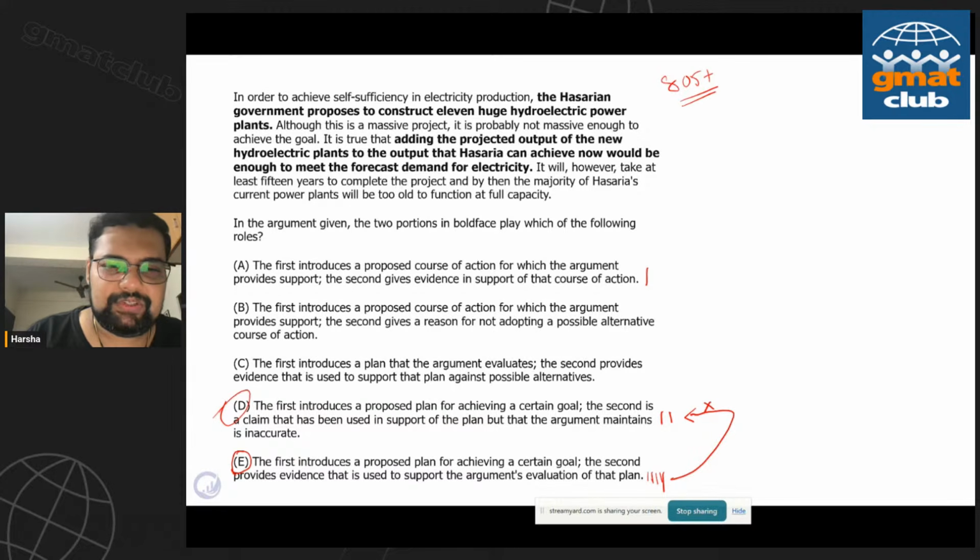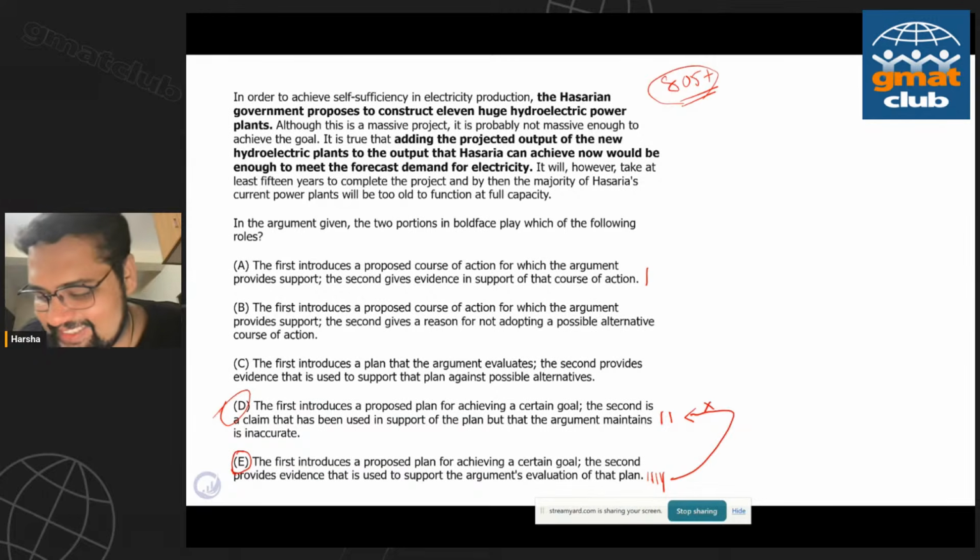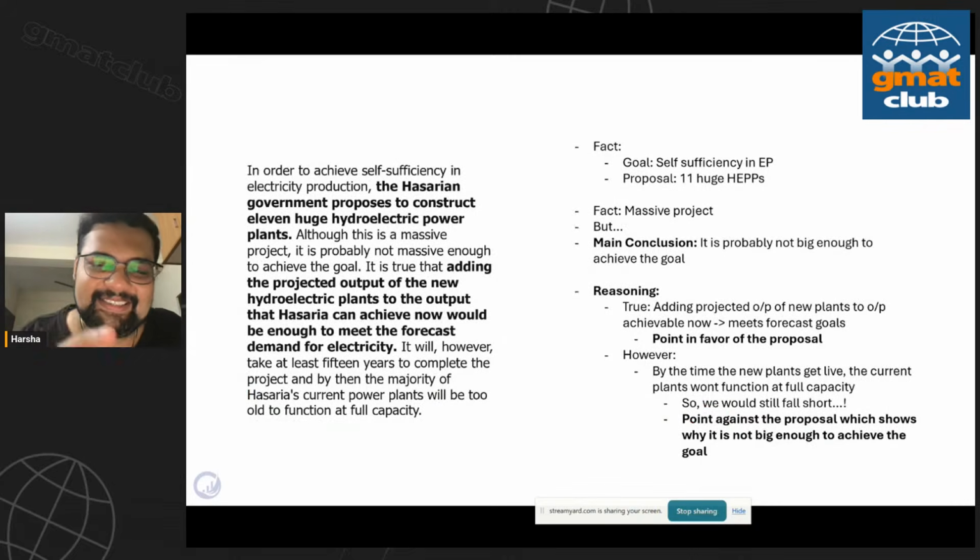That's because one of the choices here is a beautiful trap choice. In terms of processing and what it takes to solve the question, I believe this is an easier question than the previous one. But stats wise, this sits at 805 plus, and that reason is the one trap choice. So let's understand first what's happening.